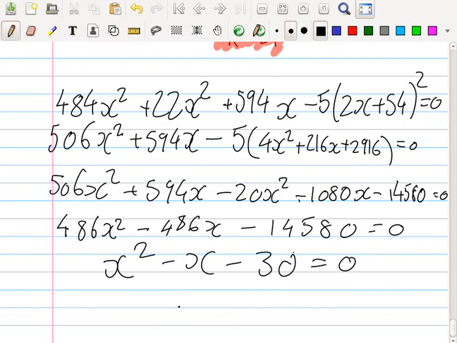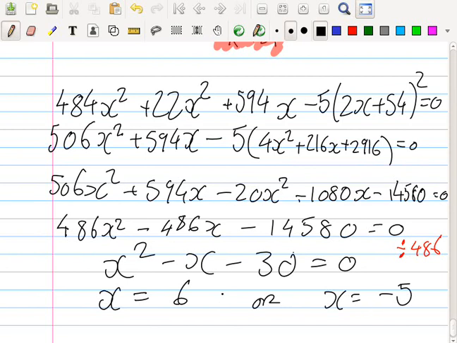I divided everything by 486. Alright, this will have two answers, 6 and minus 5, I believe. x equals 6 or x equals minus 5.